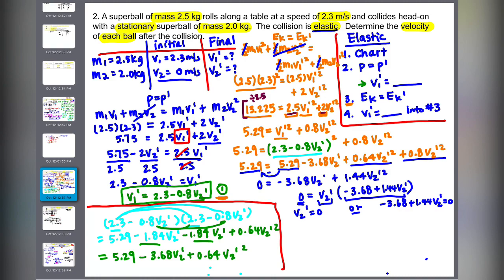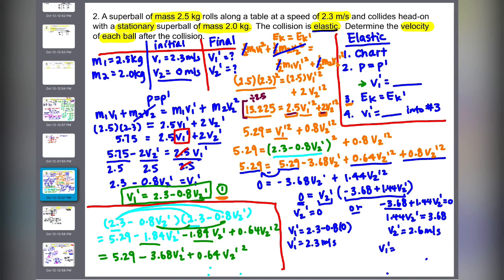So if v2 is equal to 0, I'm going to plug it back into equation number 1 so that I can figure out what v1 prime has to be. So this equals 2.3 meters per second for v1 prime. Or figure out what v2 prime is: 1.44 v2 prime equals positive 3.68. I just moved the 3.68 to the other side. So 3.68 divided by 1.44, I got v2 prime to be equal to 2.6 meters per second.